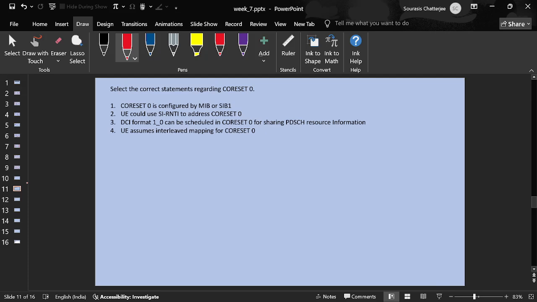So the information is spread so that data can be decoded accurately in a stochastic manner. At least it can be ensured. If I do it in a non-interleaved manner, then there is a very good chance that wherever I am sending the coreset 0, that channel condition may be very bad, so that the entire information is lost. So all the options are correct here.